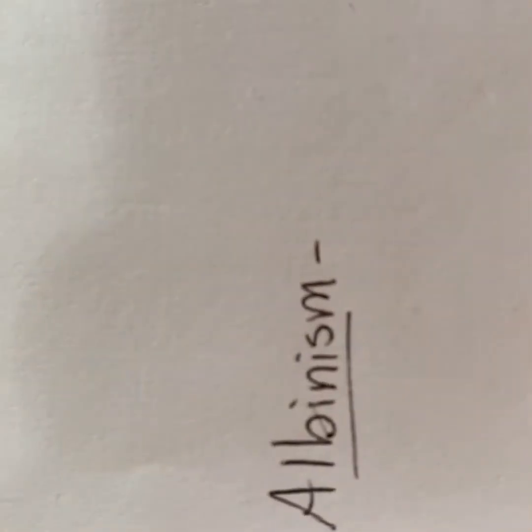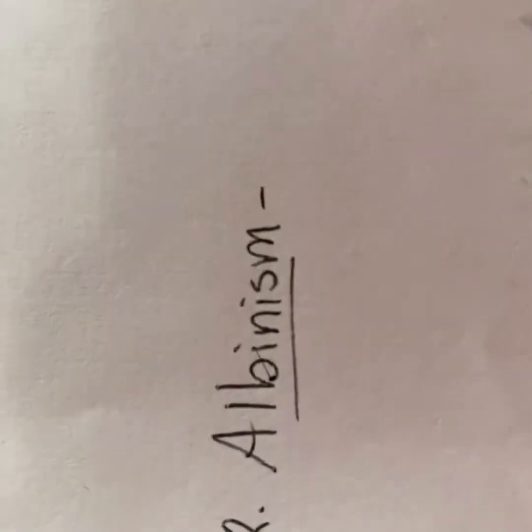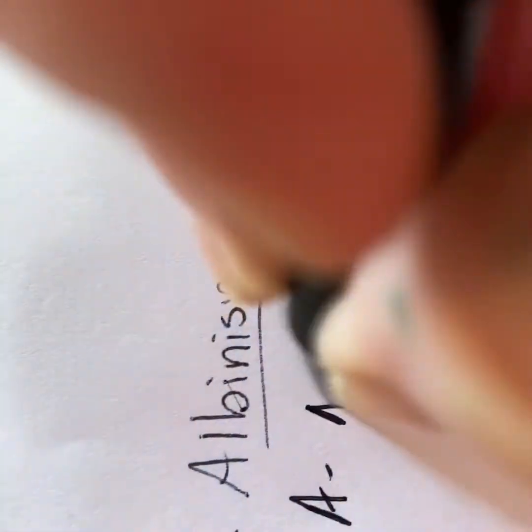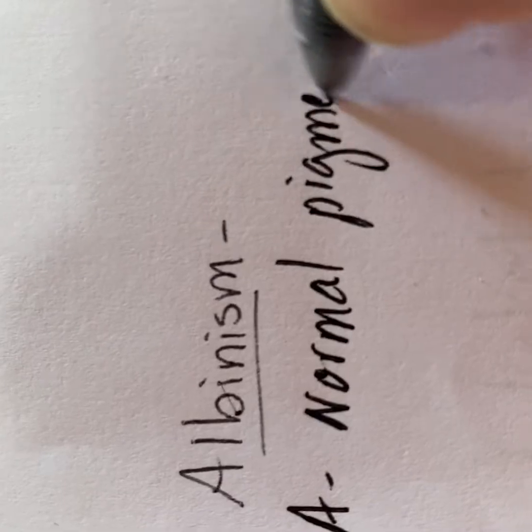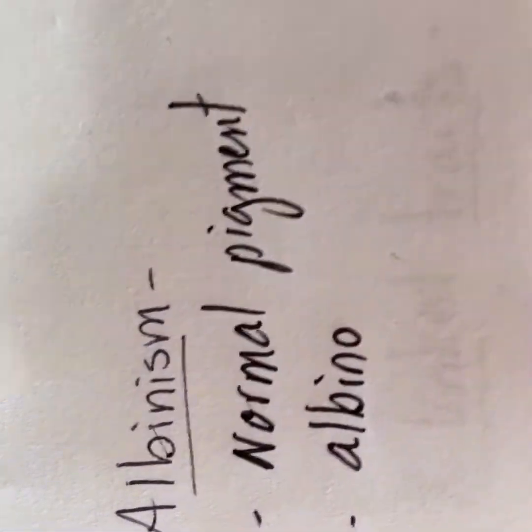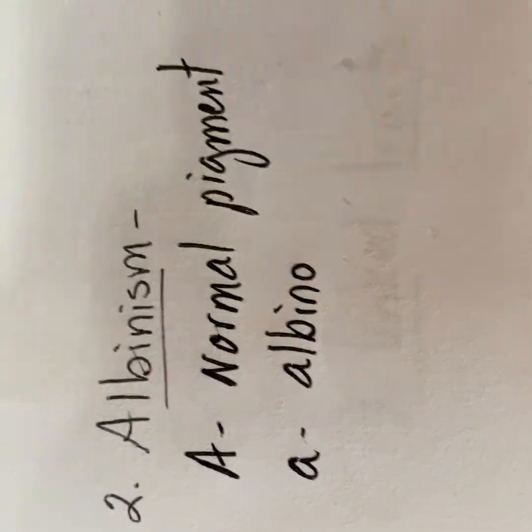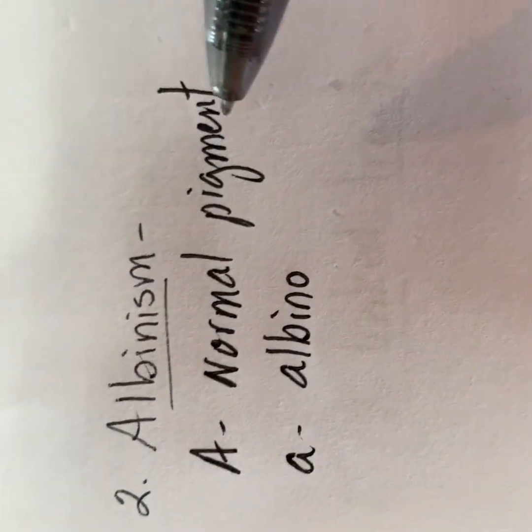So even though we have often treated it differently, albinism is another very straightforward Mendelian example, where big A stands for normal pigment, little a stands for the albino condition. So normal pigmentation is dominant.